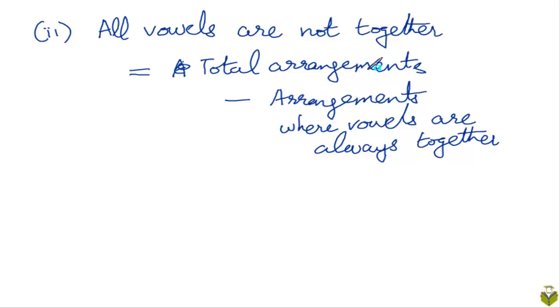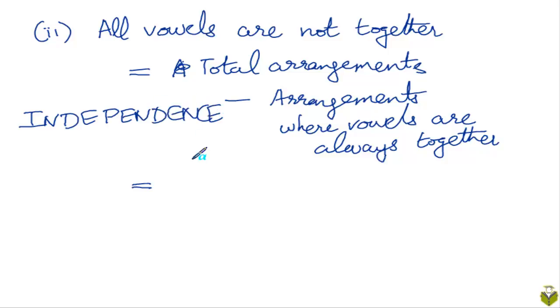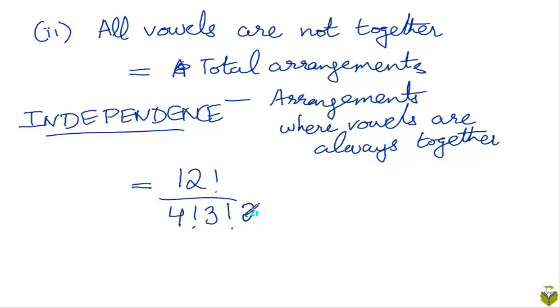So the total arrangements we had found out before, I should write it down again so that you keep on pondering about it. Total arrangements in independence was 12 factorial divided by 4 factorial, 3 factorial, 2 factorial.